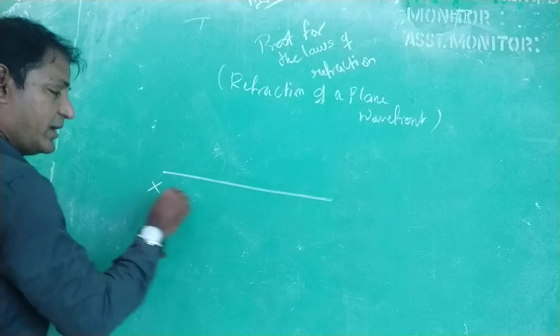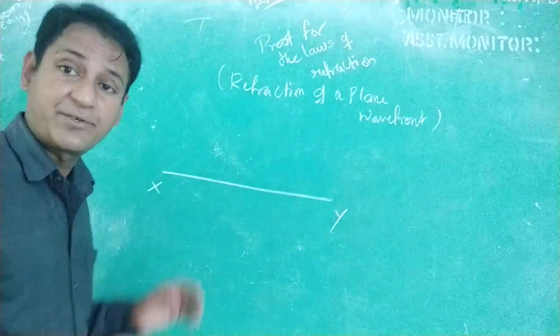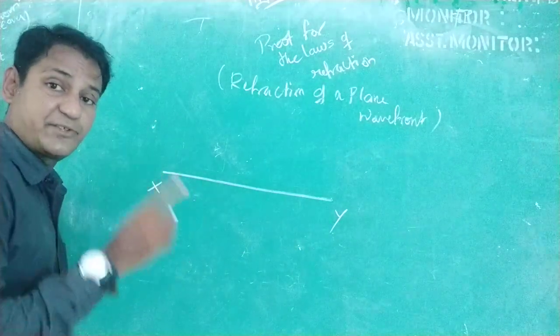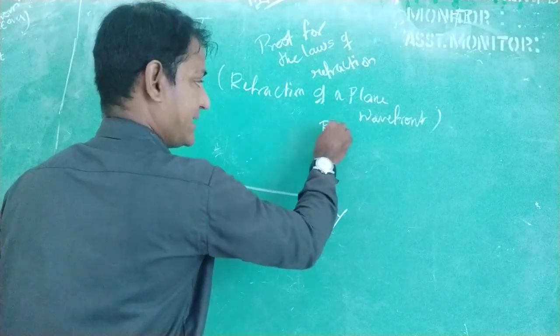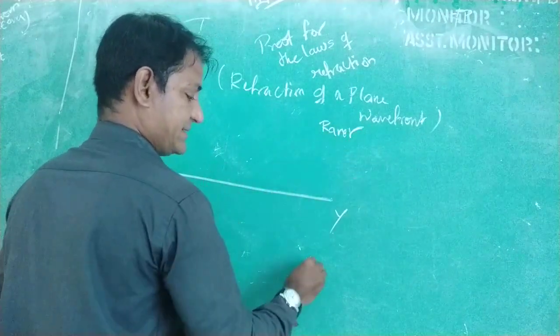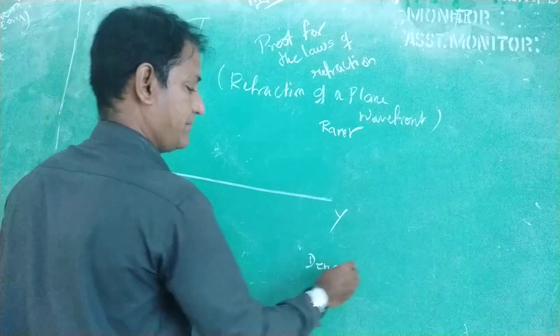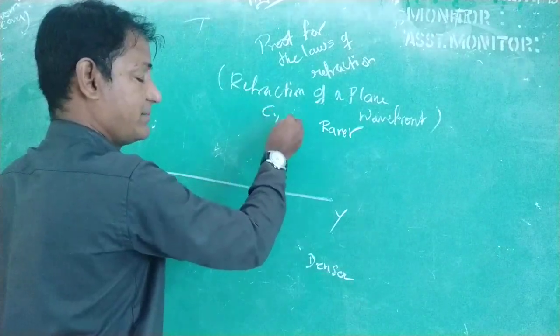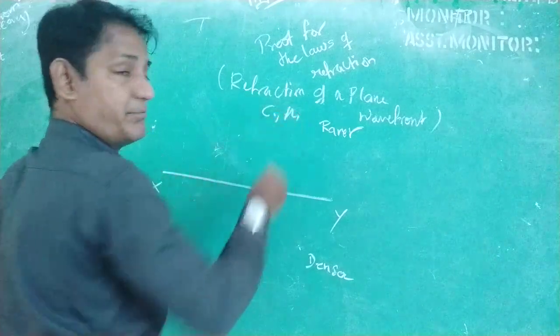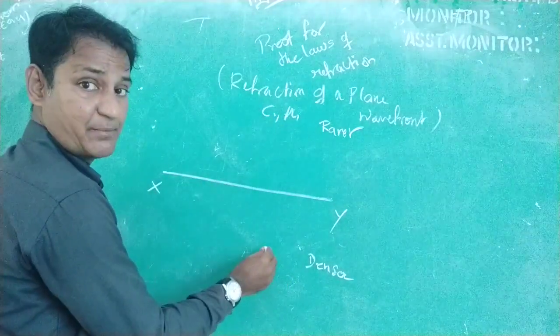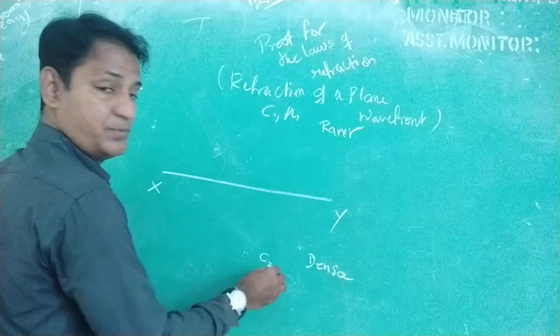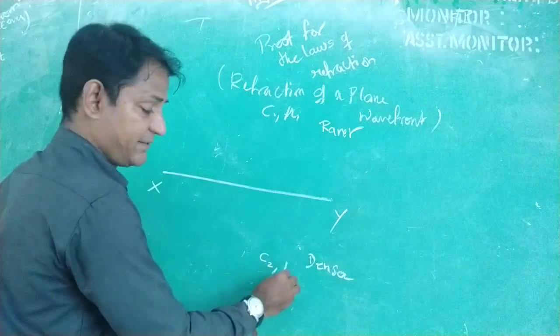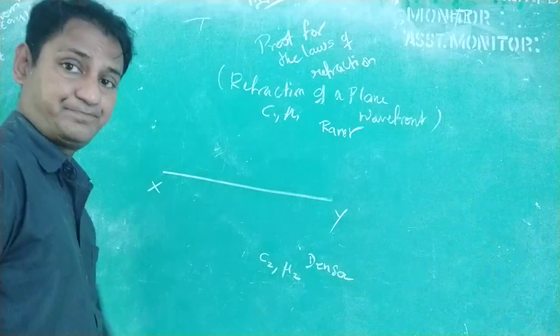Here XY is the surface of separation which separates two media. This is the rarer medium and this is the denser medium. The rarer medium has the velocity of light c1 and the refractive index mu1. The denser medium has the velocity of light c2 and the refractive index mu2.